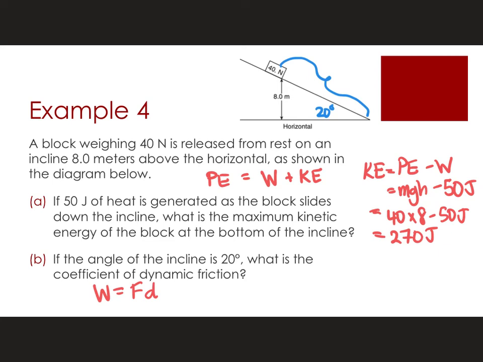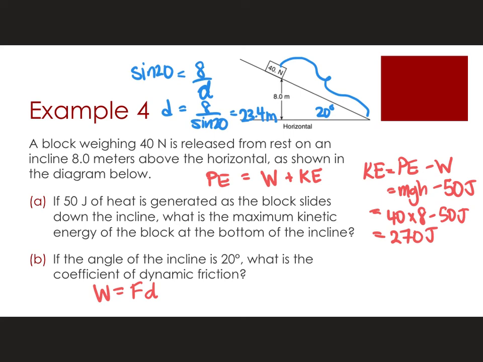Now, 8 is my value opposite the angle, and I'm looking for the hypotenuse. So I have opposite and hypotenuse, that's sine. So sine 20 will equal 8 over the actual distance I'm looking for. So the distance will be 8 over sine 20, which will equal, picking up my calculator, 23.4 meters.